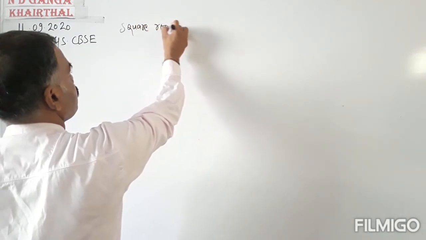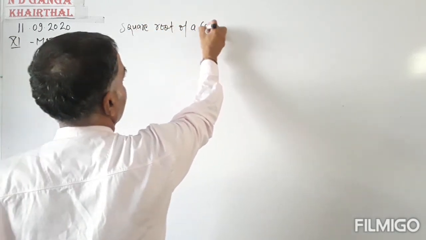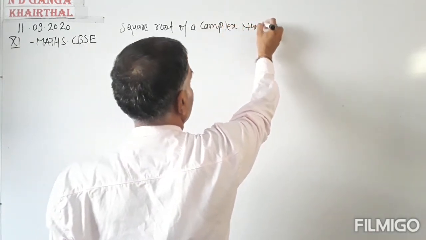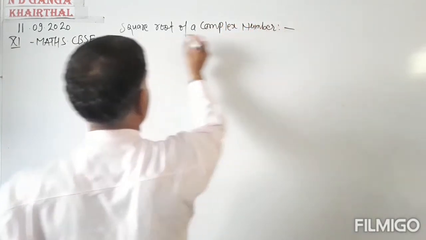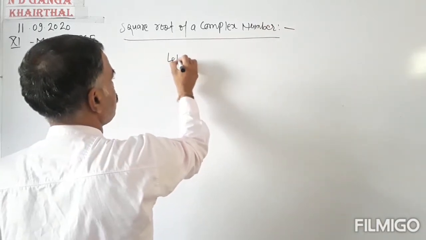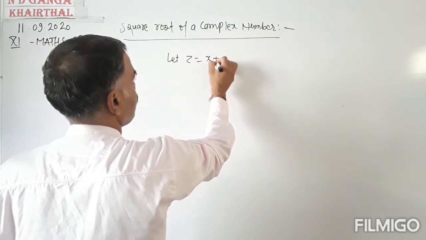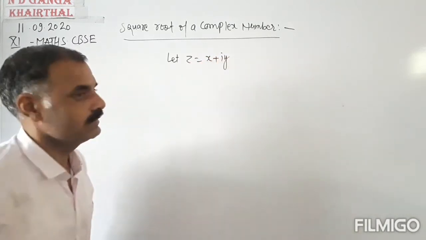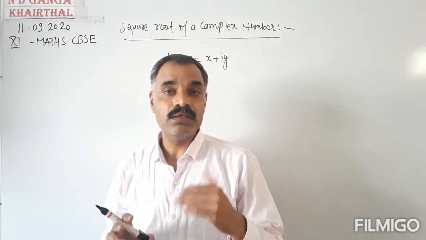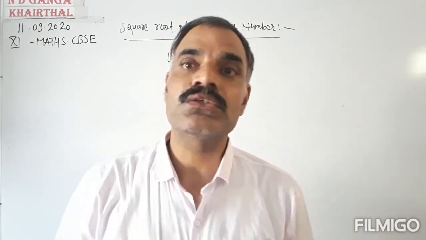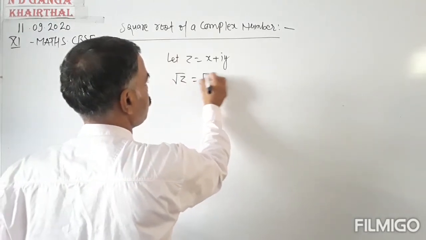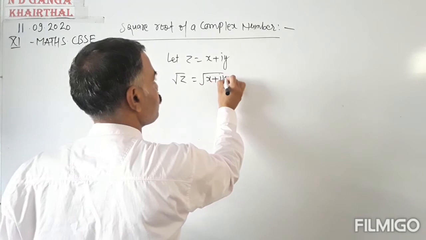Let z be equal to x plus iota y, and we want to find the square root of this complex number, that is, root z equals root of (x plus iota y).